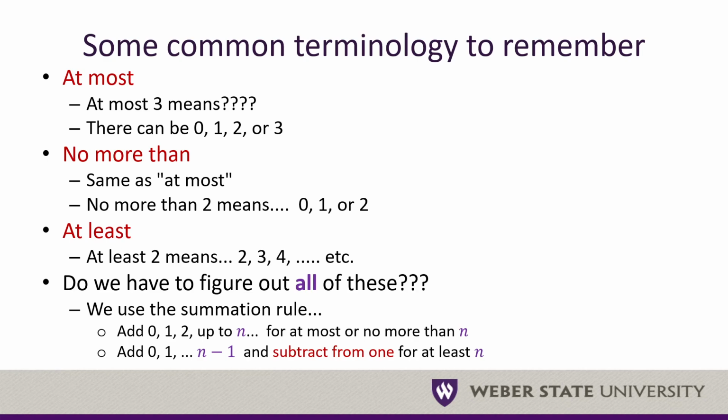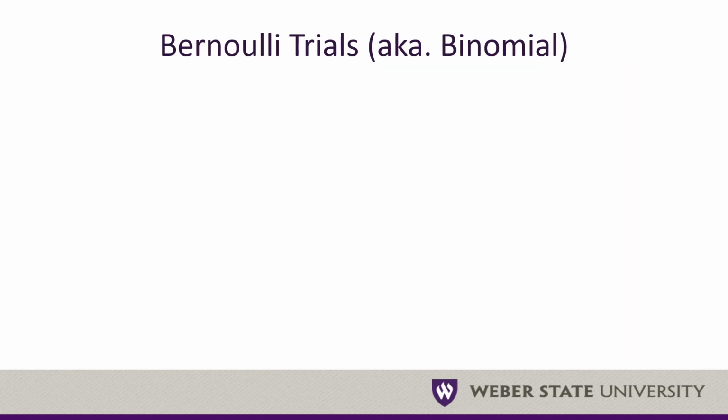You have to be a little careful about what you do, otherwise you could end up doing a lot of extra work. Now let's take a look at something that is based on this idea of independence. We have to be a little careful here because independence is not necessarily something that we can just tell off the top of our head.